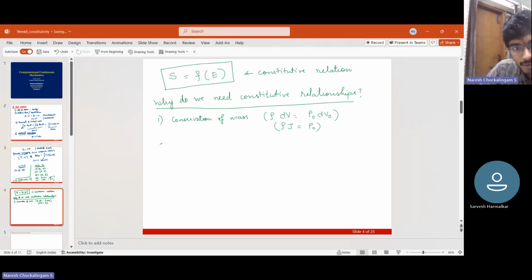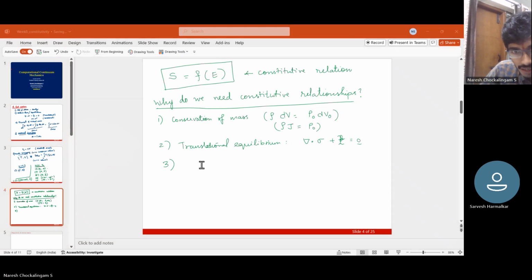Then we have the balance of linear momentum, or translational equilibrium, which says divergence of sigma plus B is equal to 0, where B is the force per unit volume. Then we have the conservation of energy, which has not been done in detail.